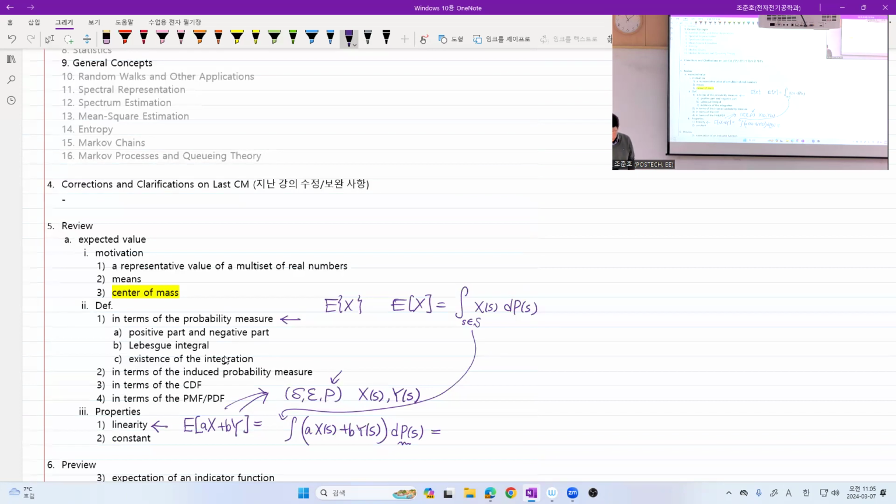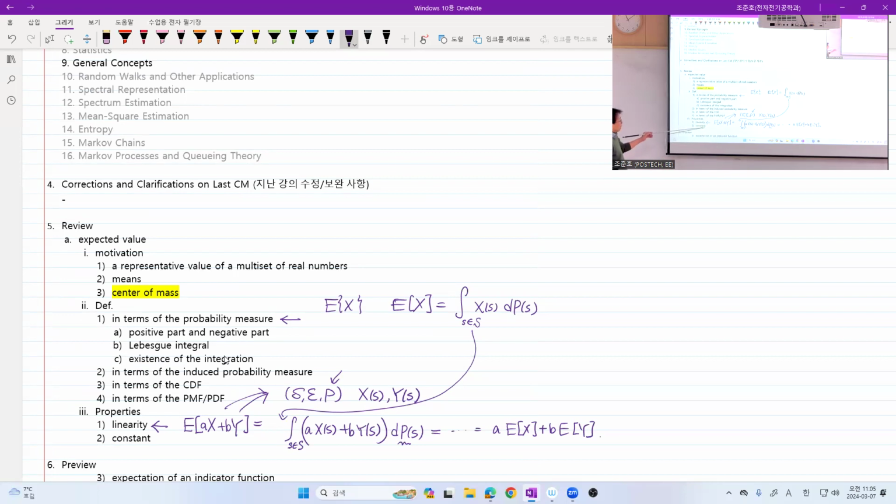And then we use the linearity of the integration so that we have a times the expected value of x plus b times the expected value of y. So we have linearity.